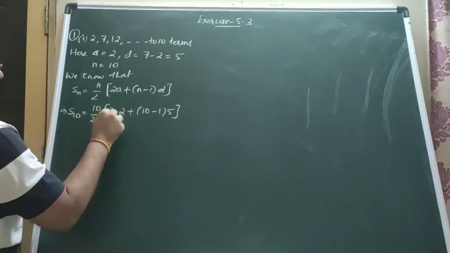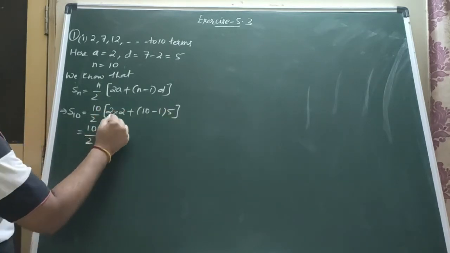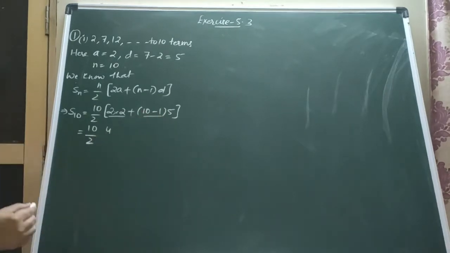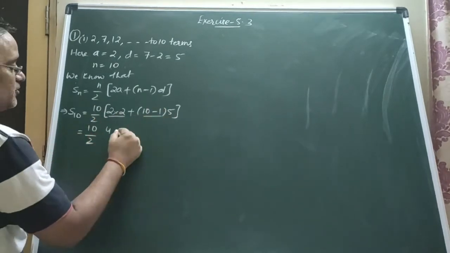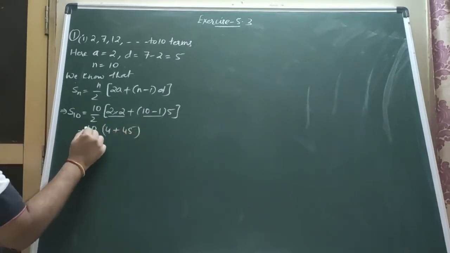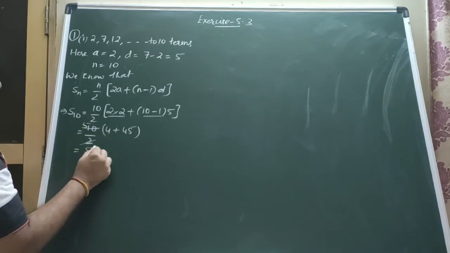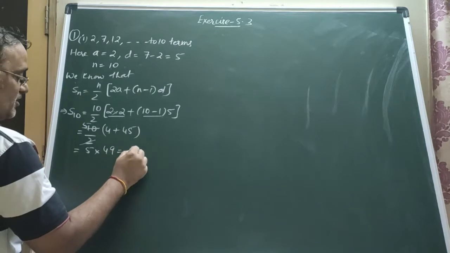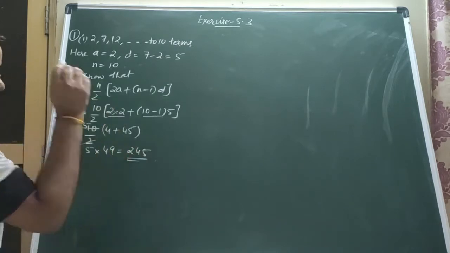It is 5. So 10 upon 2, 2 plus 2 यहाँ पे 4 हो जाएगा. Now this 10 minus 1 will become 9. 9 into 5 is 45. So ये कैंसिल कर सकते हैं यहाँ पर. So what we are going to get? 5 into 49. So 245 is the answer.